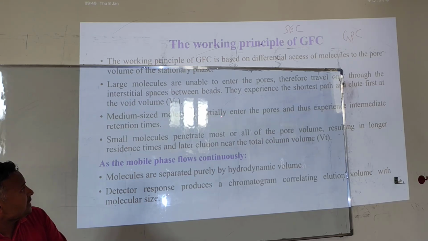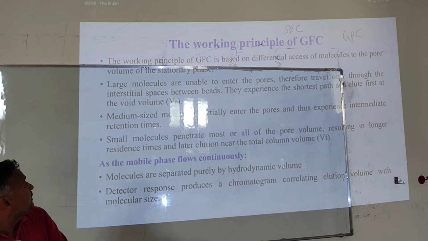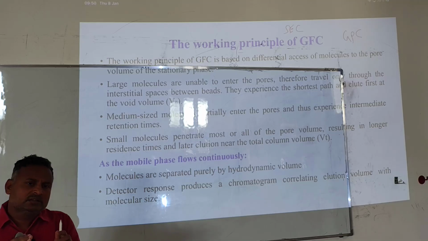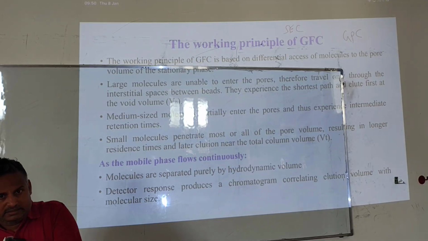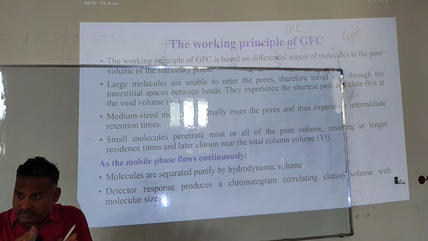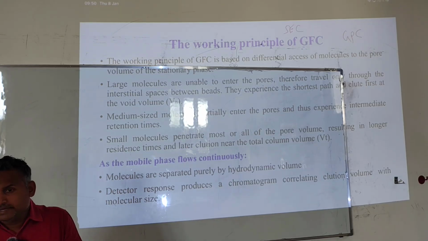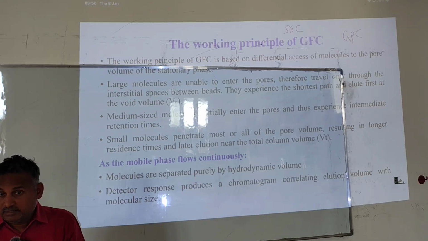Medium sized molecules partially enter the pores and thus experience intermediate retention times. That means not too early, not too late. That means they will be in the middle peaks. The earliest is the largest molecules, and then medium sized and then smaller ones.